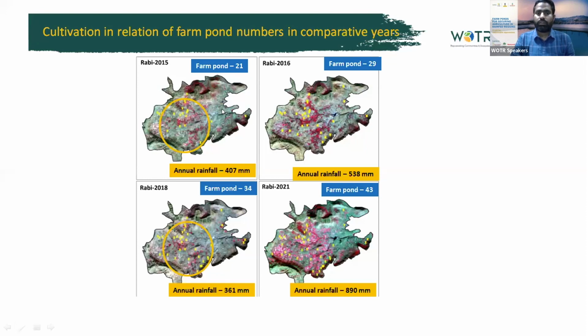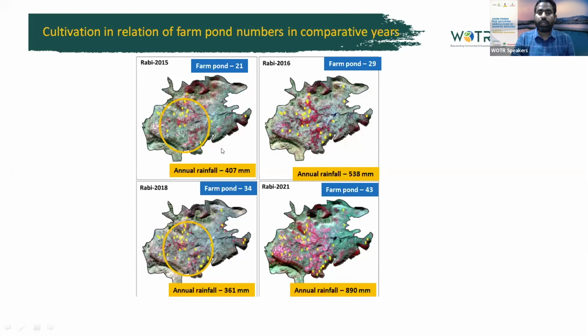For all 4 years, we have considered only the Rabi season, because farm ponds are supposed to provide irrigation in Rabi season more. Out of these 4 years, 2 years are drought years, 2015 and 2018, and 2 years, 2016 and 21, are normal rainfall years.